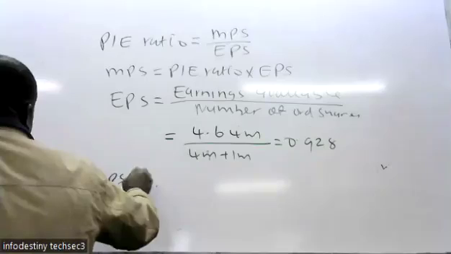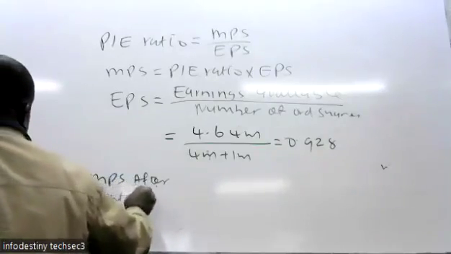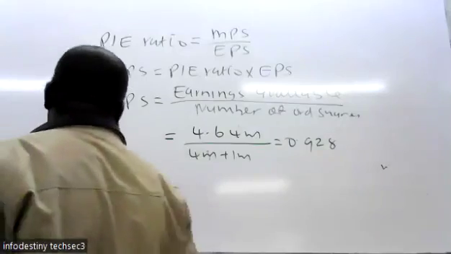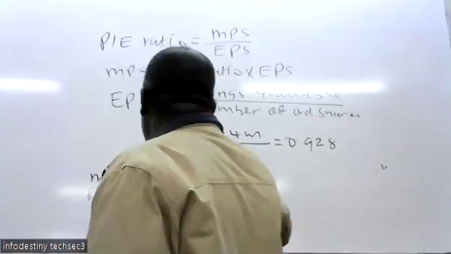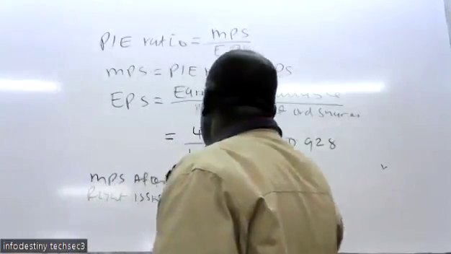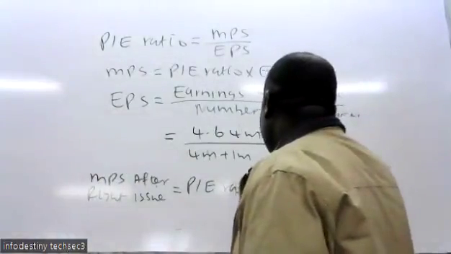Market price per share after the right issue. So simply take the price earning ratio multiplied by the earning per share after the right issue.